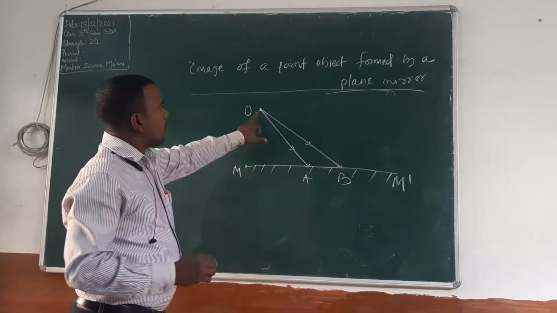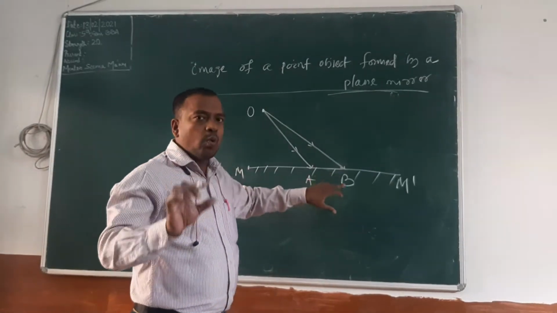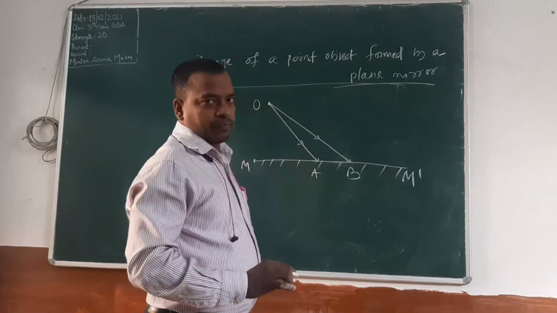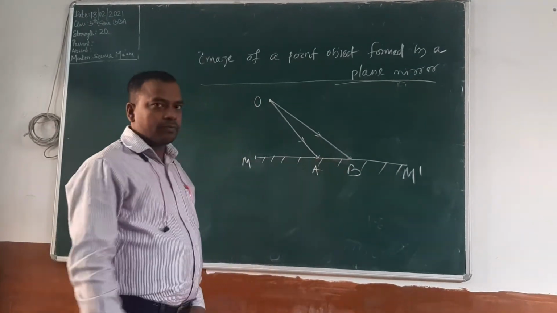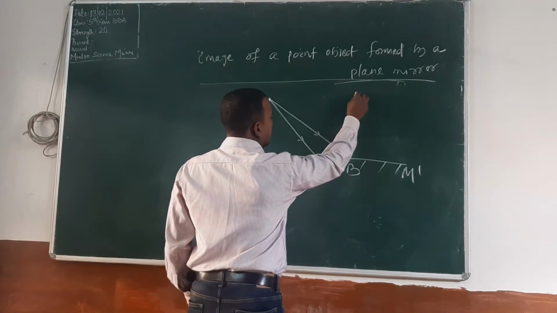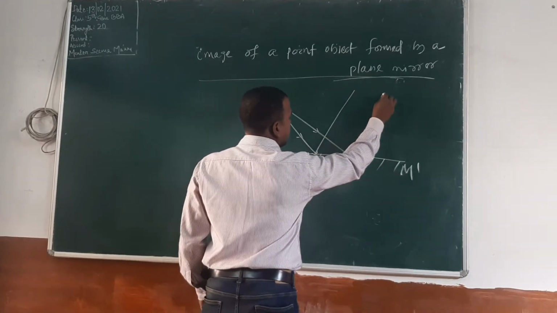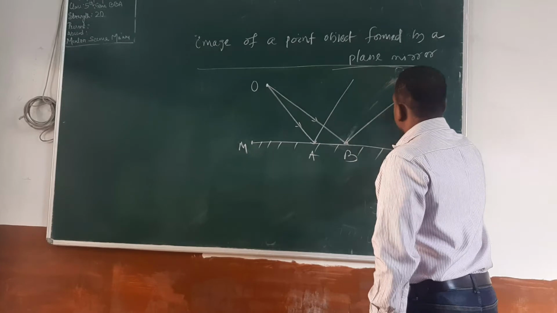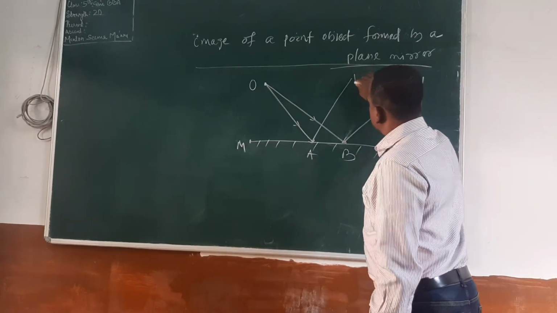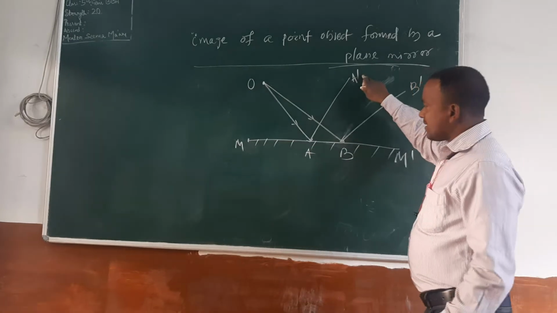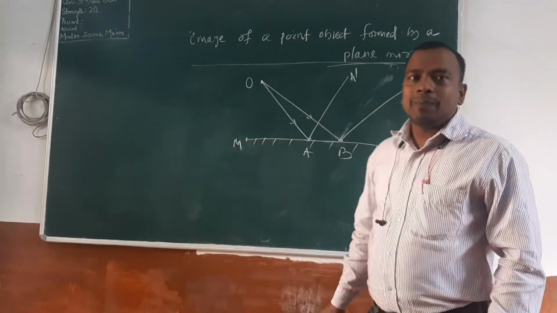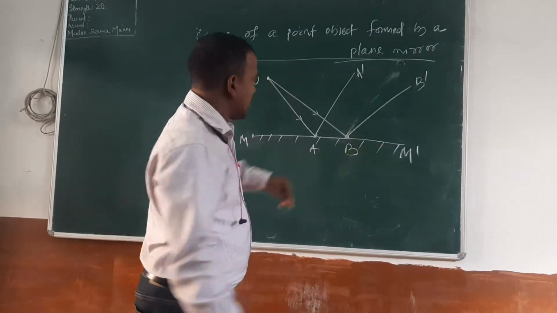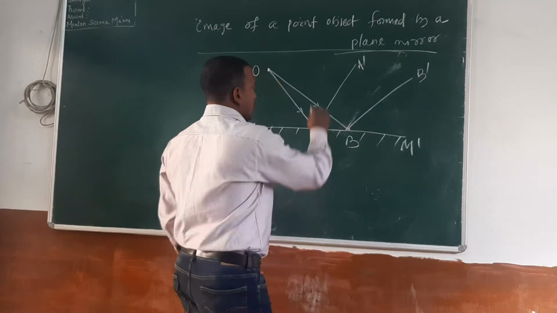OA and OB are two incident rays from the point object O incident on the plane mirror at points A and B. A dash and B dash are the reflected rays created by these two incident rays at the reflecting surface with the normals.